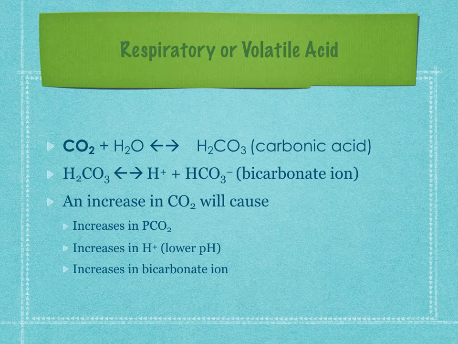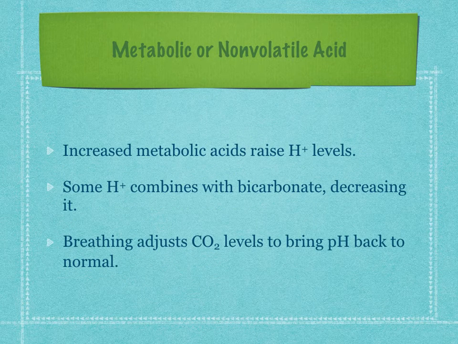Increases in acid give us a lower pH. Increases in the bicarbonate ion give us a higher pH. When we look at metabolic or non-volatile acid, an increase in metabolic acids raises the hydrogen levels. Some hydrogen combines with bicarbonate, and that decreases the amount of hydrogen in the system. Breathing adjusts the CO2 levels to bring the pH back to normal.